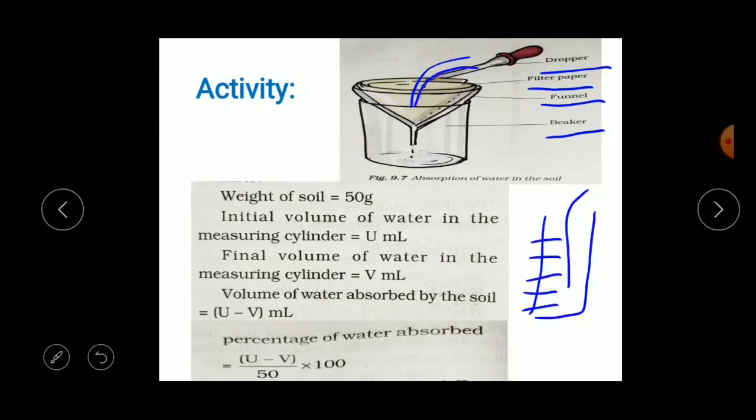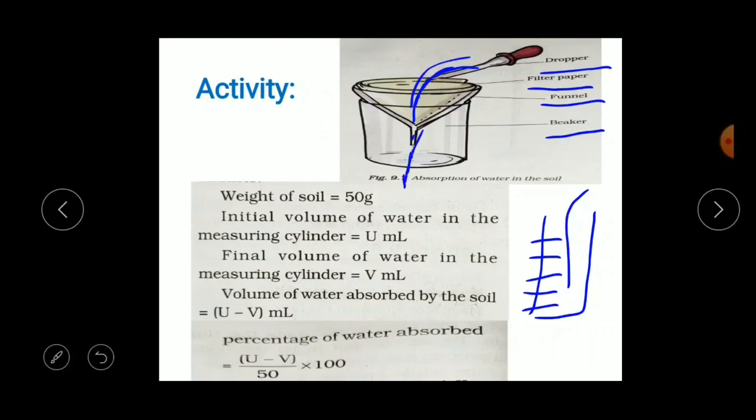Do not let all the water fall at one spot, that's why you use the dropper. Pour water all over the soil. Keep pouring water till it starts dripping into the beaker.